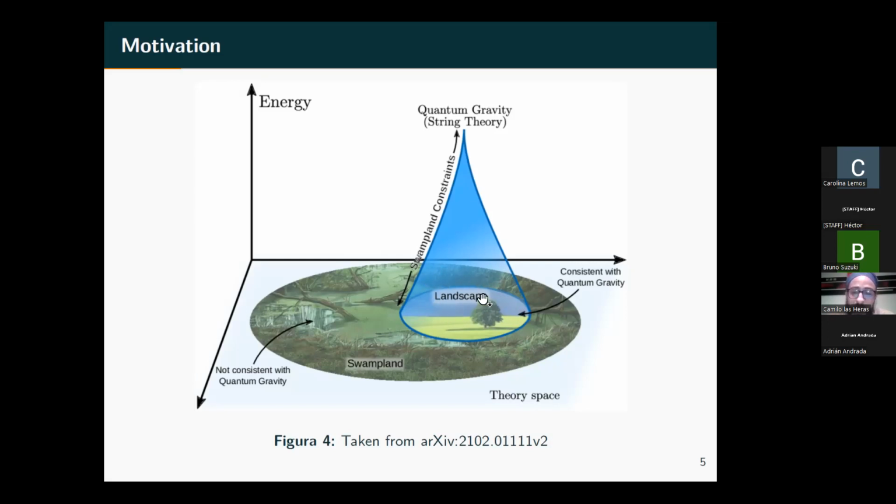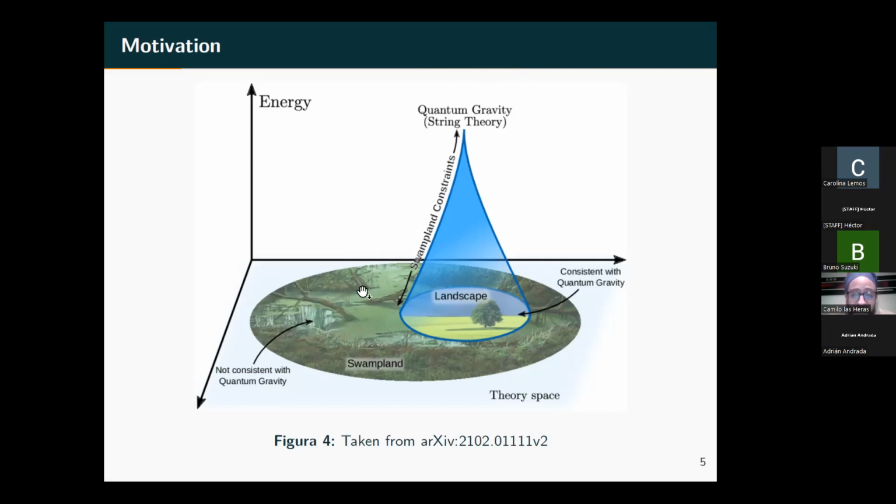We don't know criteria so far to determine which theory within the landscape is related to the universe that we live in, okay? So far, what we know is that there is a boundary which is set up by the Swampland constraints, which are conjectures that have not been proven so far. And if you are within this boundary, you are in an effective theory that can be obtained from a quantum gravity consistent theory.